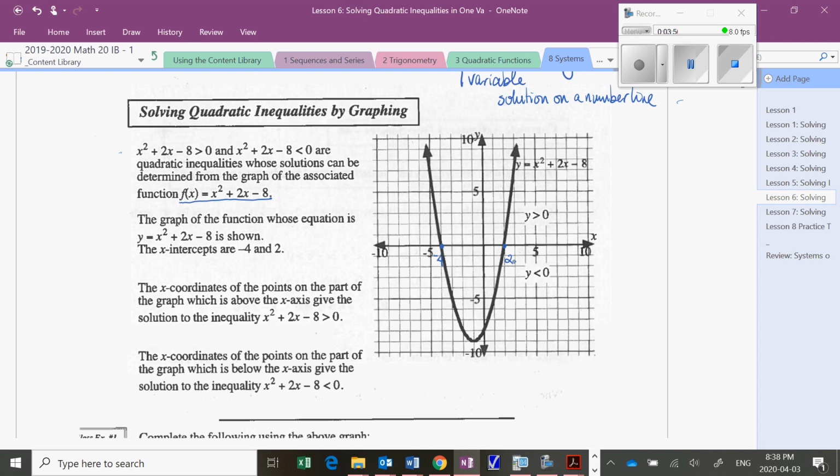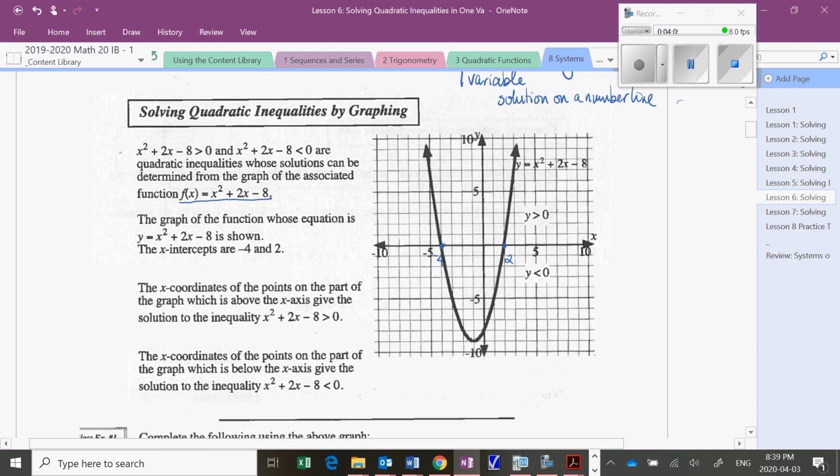What we're looking at specifically for the inequality is what are the x values that when substituted into our quadratic will give us a value for y that is greater than 0.